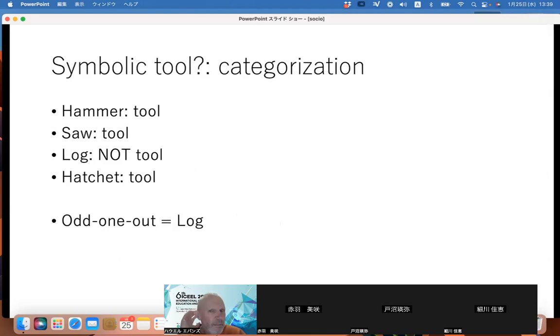So anyway, what do we do, right? I suppose categorization is a very abstract symbolic tool. The idea of categorization, where we categorize these things, right?